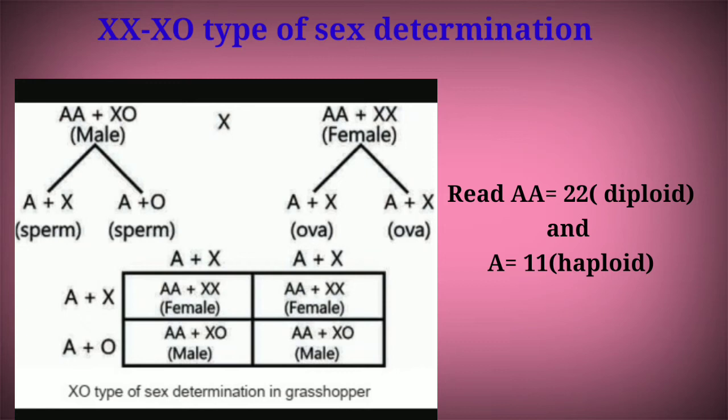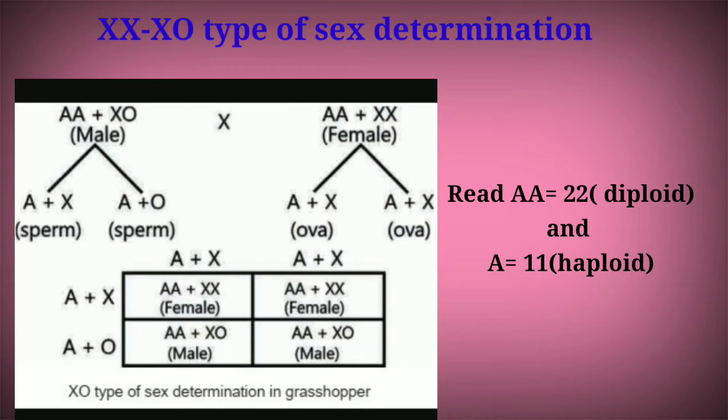After meiosis cell division, all the female gametes will be homogametic. That means they receive 11 plus X chromosome in each gamete.